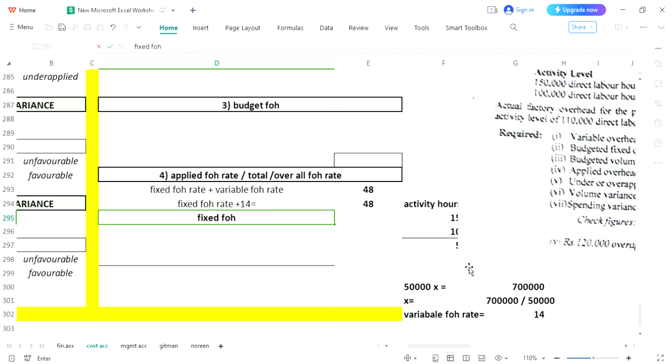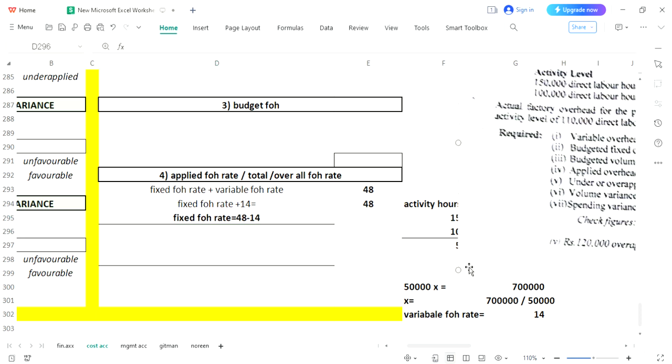So fixed FH rate would be calculated how? 48, and 14 here at left side was plus. When you take this 14 to the right side, it would be subtracted. Okay, hopefully you have an idea how we will be calculating fixed FH rate.